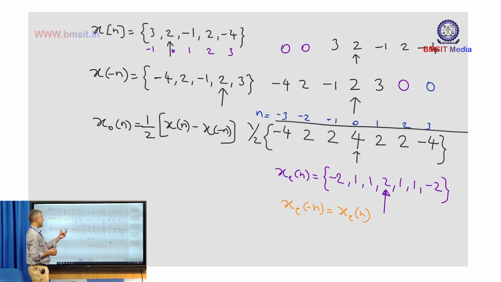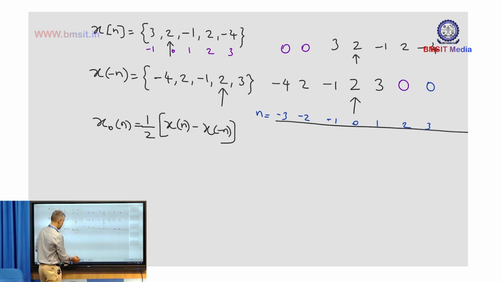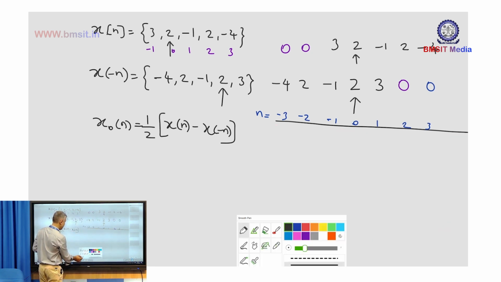That means the folded version is to be subtracted from the original signal x of n, and finally it needs to be divided by 2. So let's arrange the things over here. The given signal is x of n, and I am going to subtract x of minus n from x of n.